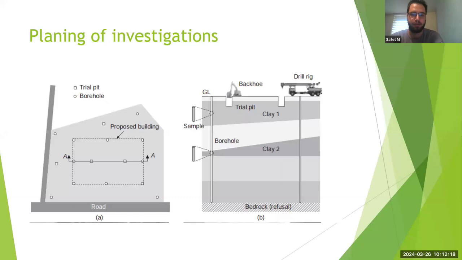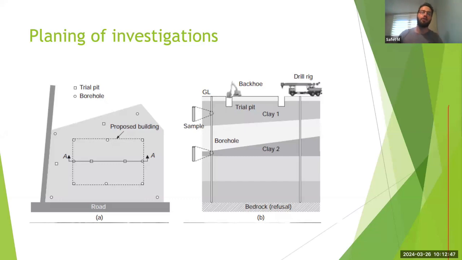Let's look at apartment buildings or skyscrapers. The borehole needs to be deep enough to cover the influence of the foundation. As a rule of thumb, the influence of the foundation is three times the width of the foundation. For example, if your foundation is 3 meters wide, the influence of the foundation is going to be 9 meters deep.